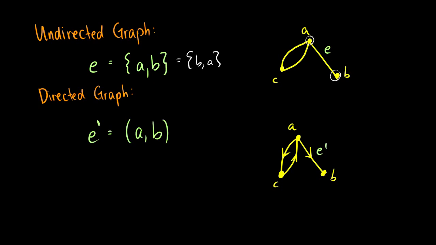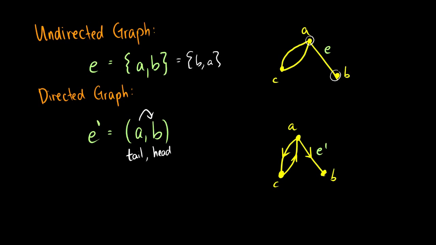So we label these as ordered pairs. We can also do the pointy brackets if you prefer those for ordered pairs. But in this case, when we say the pair AB, we say we have a tail coming from A and we have a head going to B. So it's an arrow from A to B. So in a directed graph, each edge has a tail and a head.